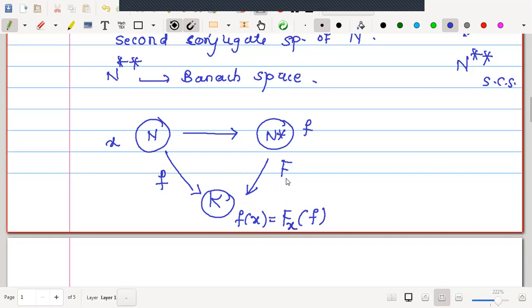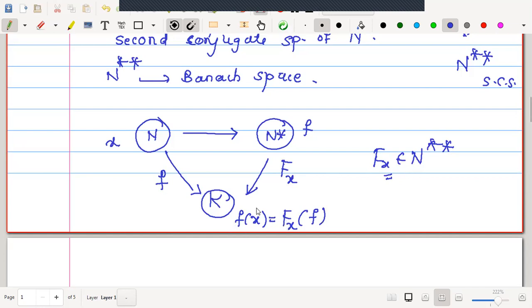Therefore, instead of writing capital F, we will write capital F with suffix x. Every functional defined on N star, belonging to N double star, depends on the vector x in N. Why is this dependent?